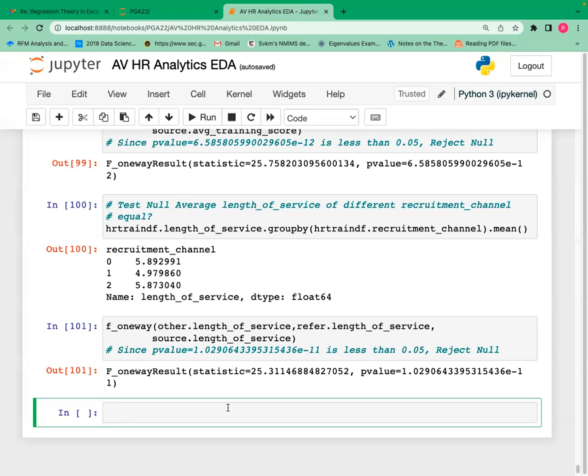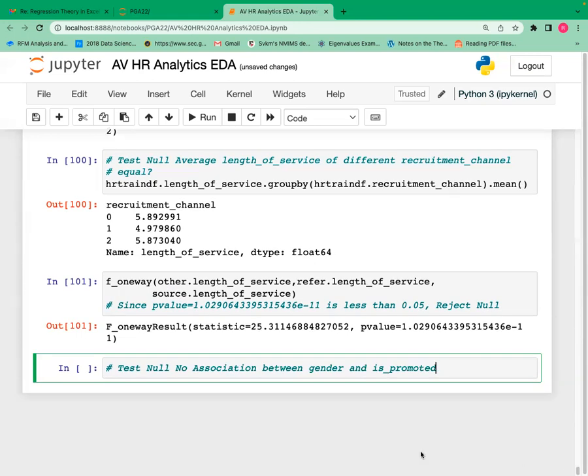Okay, now let us do some chi-square test. Test null: no association between gender and is_promoted. So the chi-square test is on a cross tabulation. First you have to do cross tabulation, then you have to do chi2_contingency.